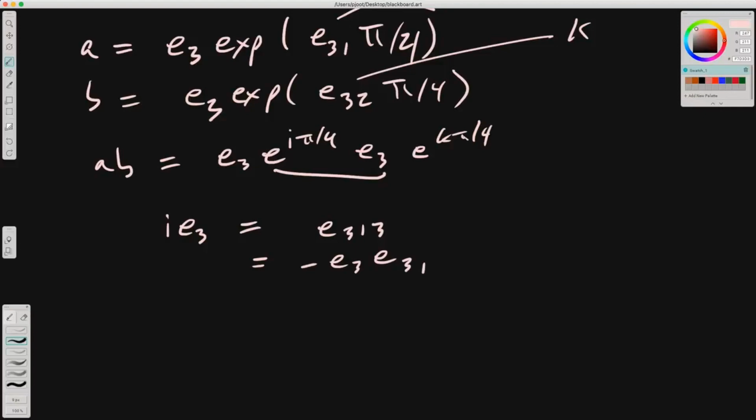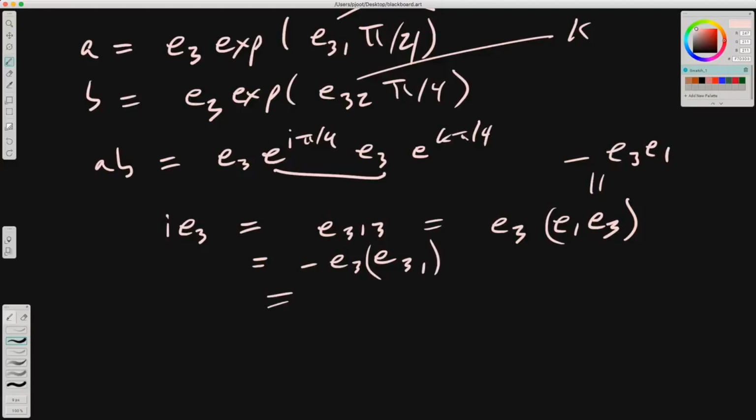So I just took E3, E1, E3. This is minus E3, E1. And so this shows that I E3 equals minus E3 I. The bivector anti-commutes, the sign changes if the order of two factors is switched, provided the vector lies in the same plane as the bivector.